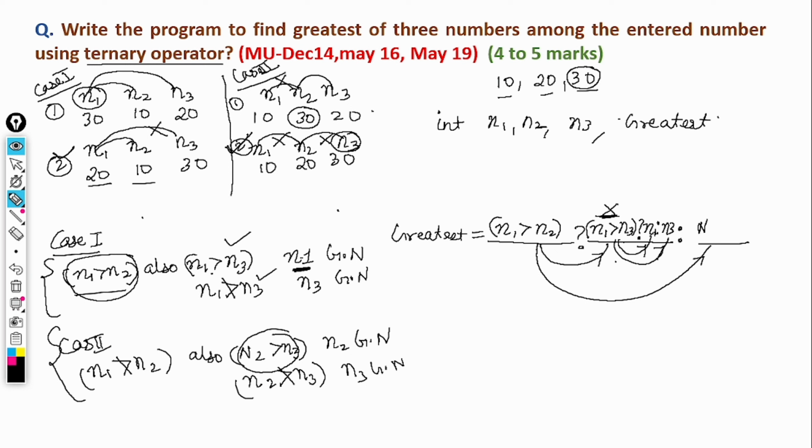If this is true, n2 is the greatest number. If this is not true, then it will execute n3 is the greatest number.